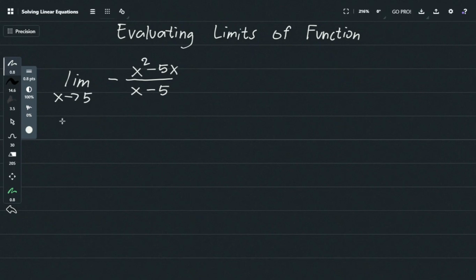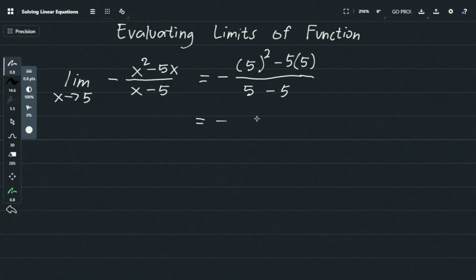So let us try to use the substitution strategy. So the value of x is just equal to 5. So we're just going to substitute the value of x: 5 squared minus 5 multiplied by 5, then 5 minus 5.